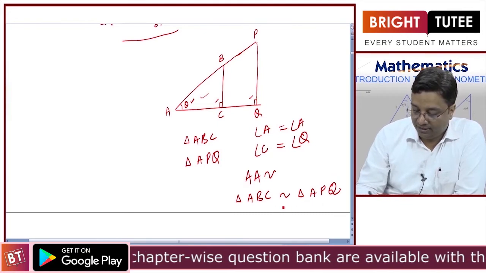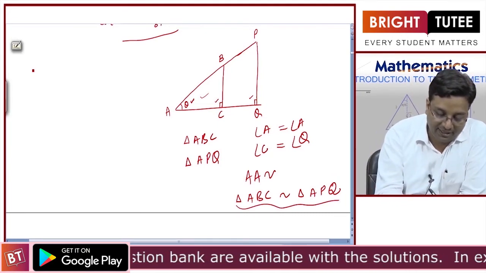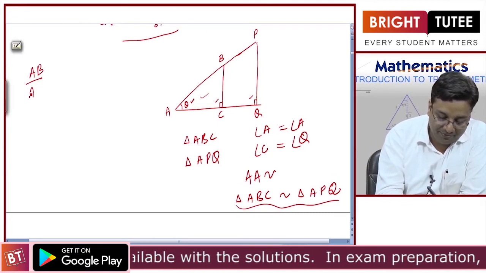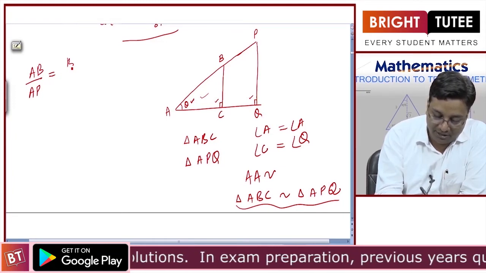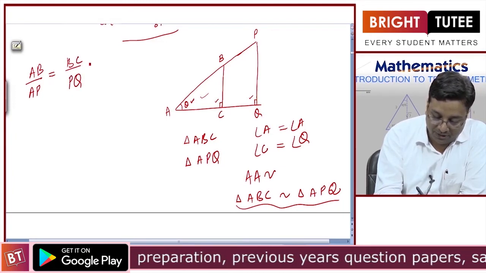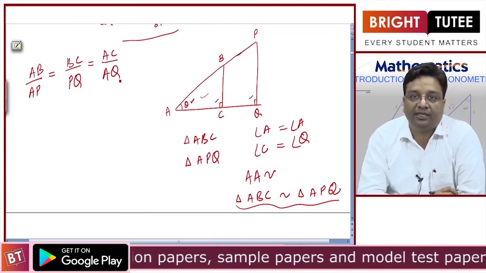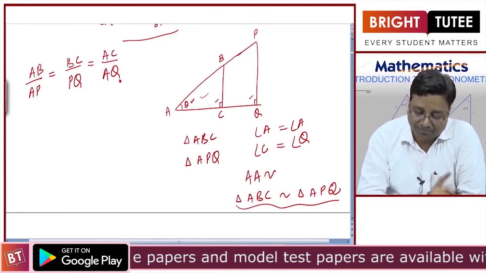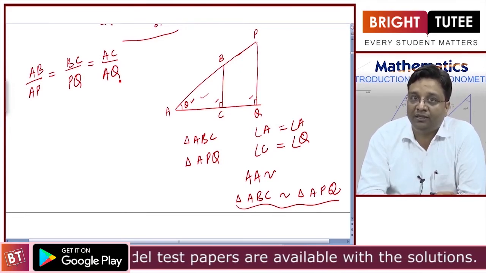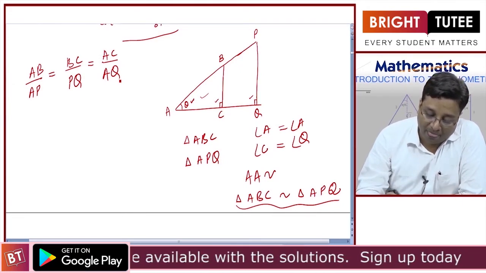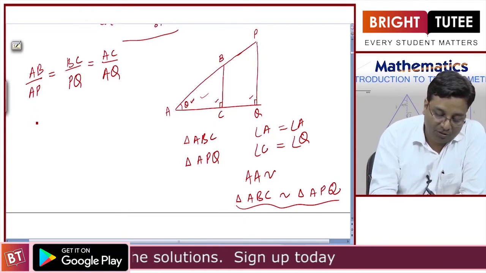If these two triangles are similar, then we can say AB upon AP is equal to BC upon PQ is equal to AC upon AQ, right? So these ratios are equal. If these ratios are equal, then let us talk about sine of theta.